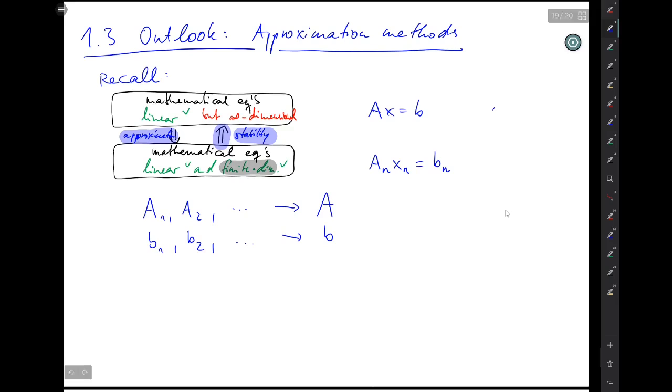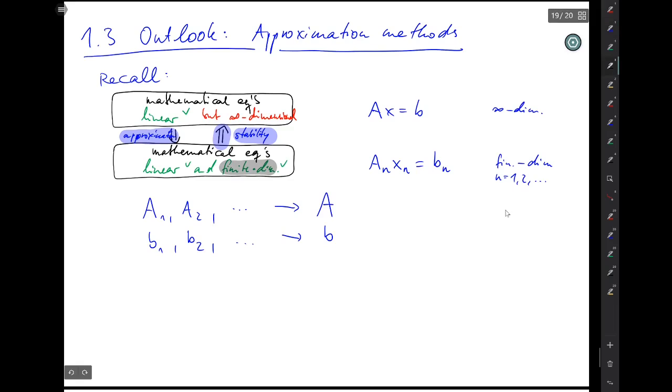Okay, so this is infinite dimensional. These are all finite dimensional, and you do this for n equals 1, 2, and so on. So you solve many finite dimensional problems in order to approximate your infinite dimensional problem.